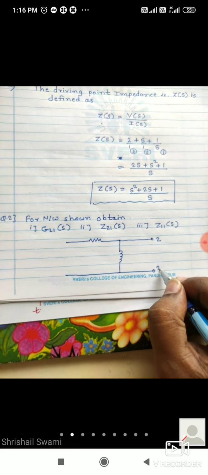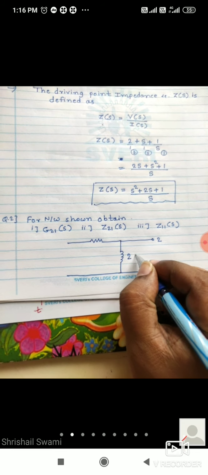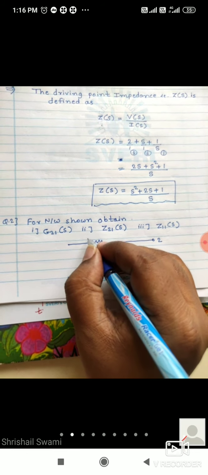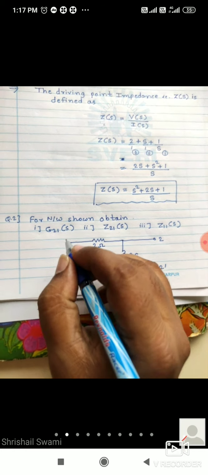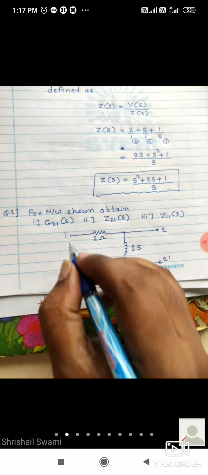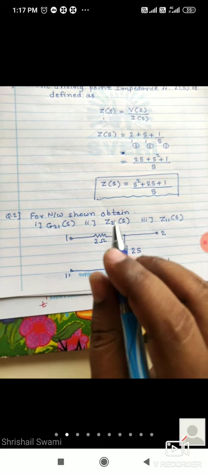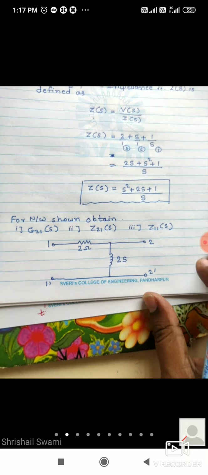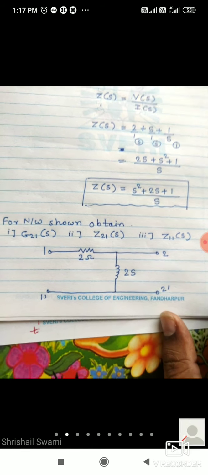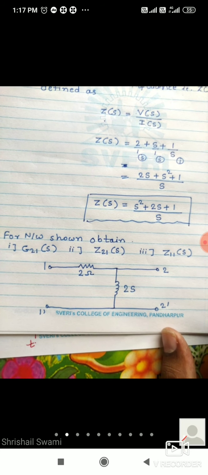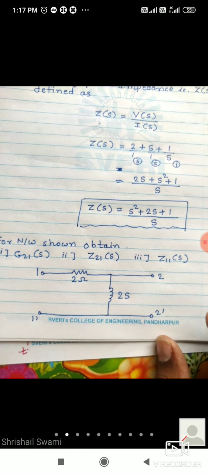This is 2 dash, it is 2S, this is the 2 ohm, this is 1 dash. So this is the question asked for 4 marks. For the network shown, obtain G21 of S, Z21 of S, and Z11 of S.